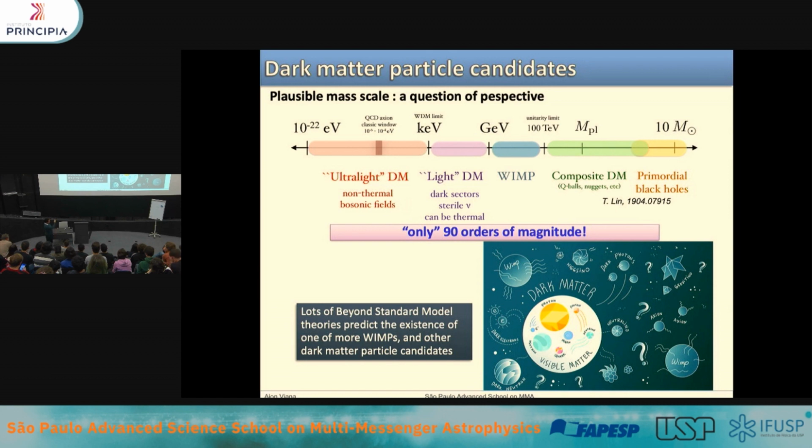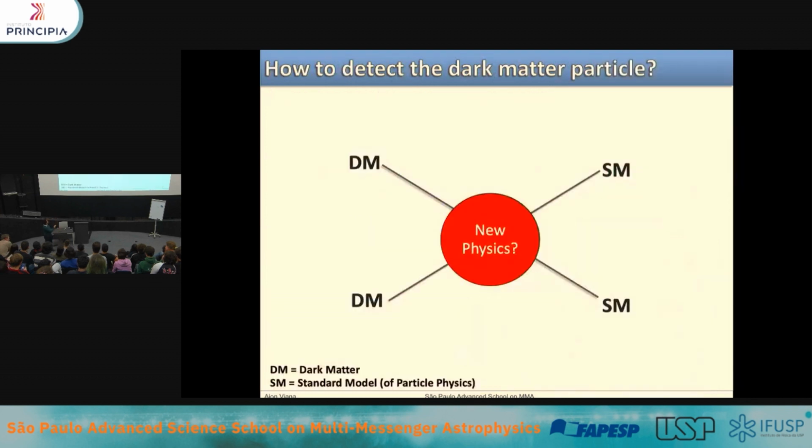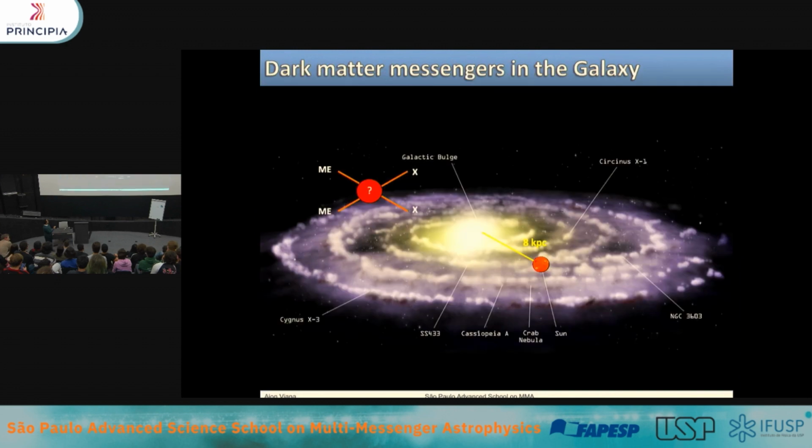Now, I just showed you, throughout all these indirect detections, one very interesting aspect of this type of search: if we detect a signal and we can characterize the spectrum, then we can say a lot about this particle. You can say something about the mass.